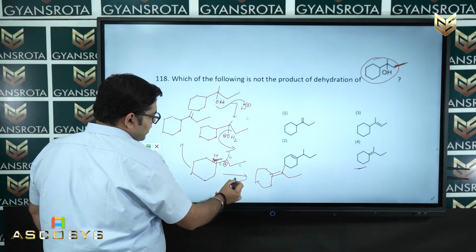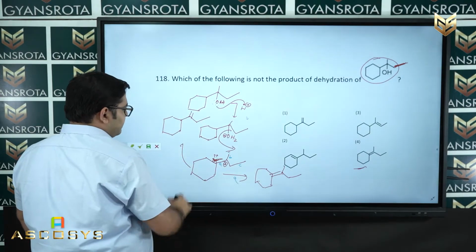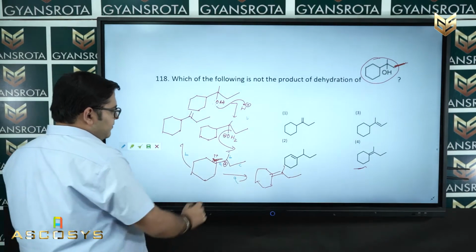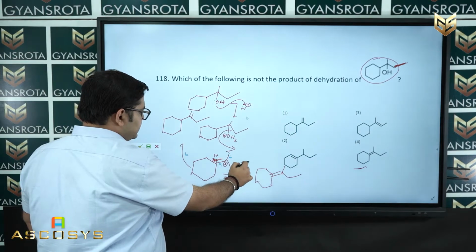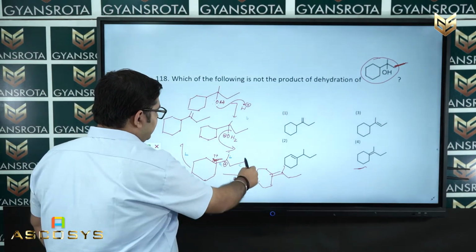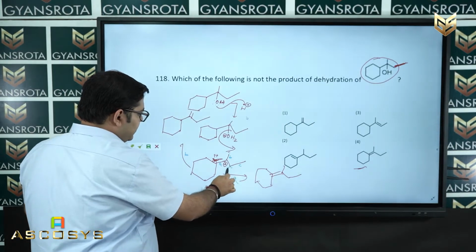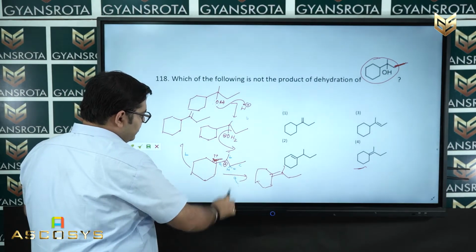This product you obtain from the A pathway, this product we obtain through the B pathway. Now, here also CH3 will be there. Sorry, not for this one, from here. See, here also 2 hydrogens will be there.